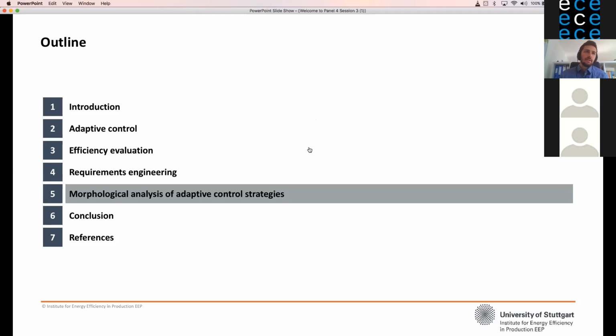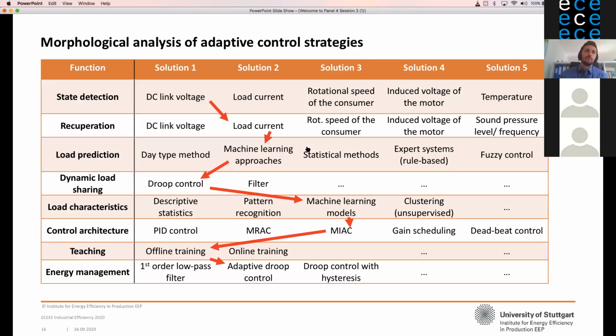So in the end of the paper, we carried out a morphological analysis of the adaptive control strategies. If you don't know how this works, we try to find solution paths for a certain problem statement. First of all, we began on the left side of the picture, the table, where we defined functions which we have to meet with our control systems.